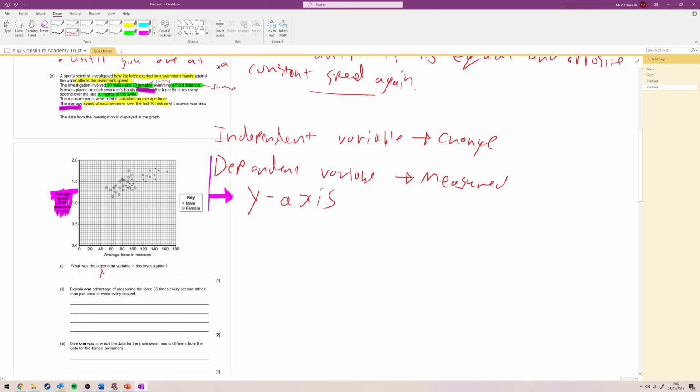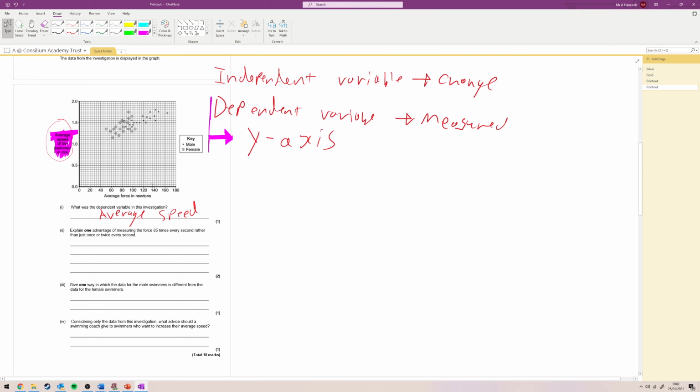So here it is the average speed. So if you don't get given a graph or a table, you have to work this out for yourself. But if you are given a graph or a table, your dependent variable should always be on the y-axis.